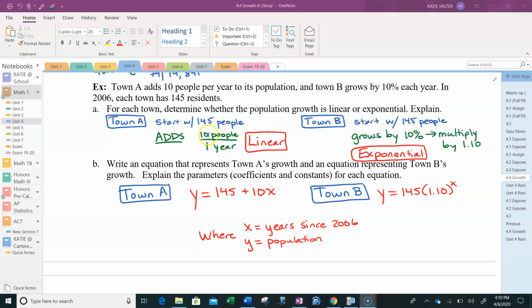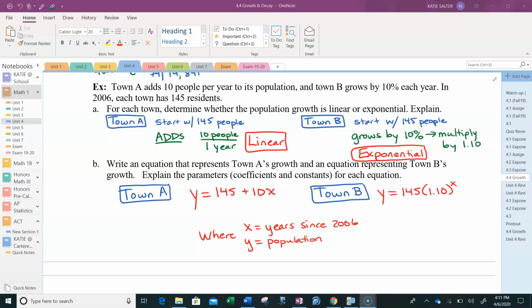So for Town A, because they add 10 people every 1 year, that gives us our slope. And then our y-intercept would be 145. So the equation will be y equals 145 plus 10x, or you could say 10x plus 145. For Town B, because it grows by 10% each year, remember that the multiplier would not be 0.10. It would be 1.10. You can't forget that you have to add that 10% to 100%.